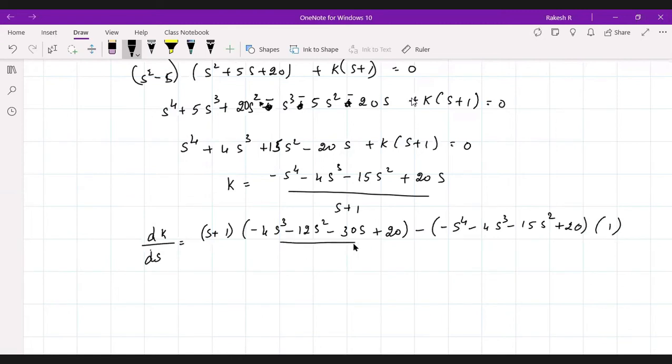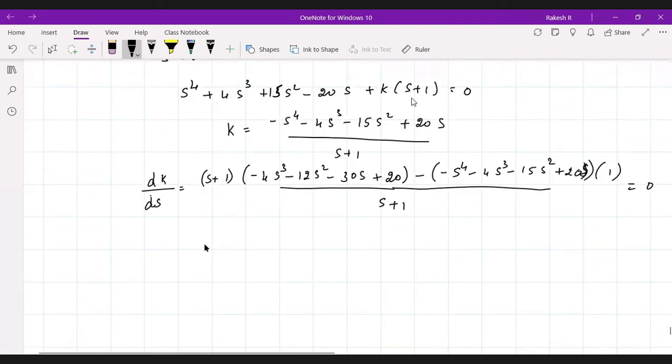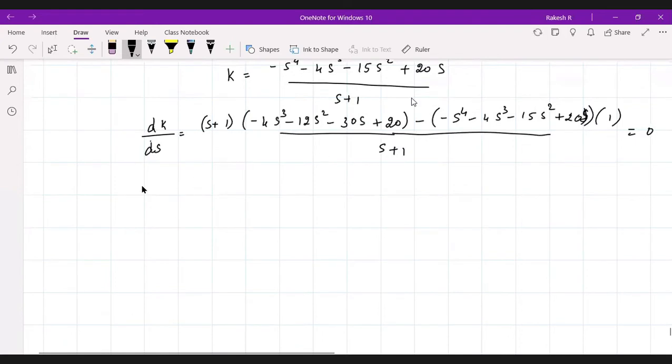Sorry, this is 20s, whole divided by s plus 1 whole square. Right, this should be equated to 0 here, so you need to solve.